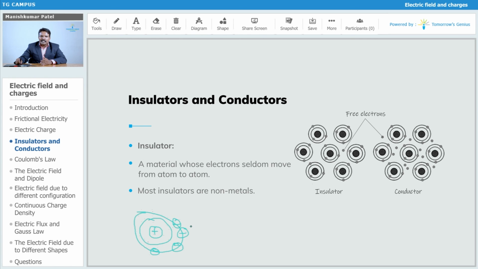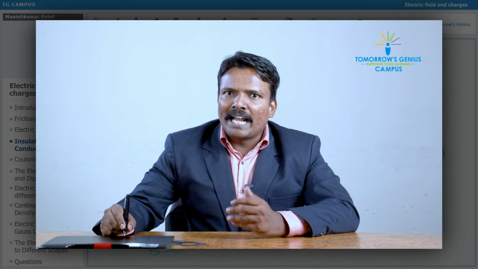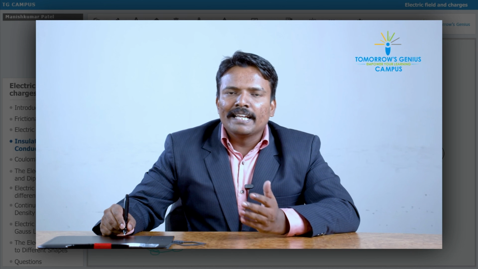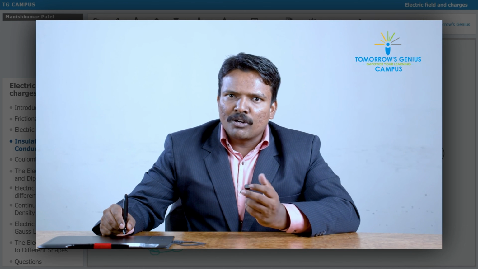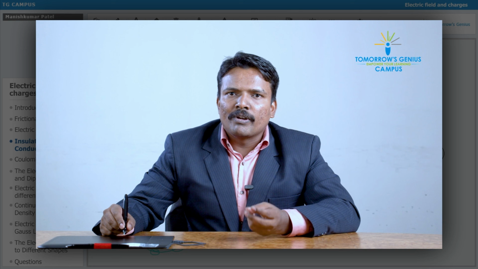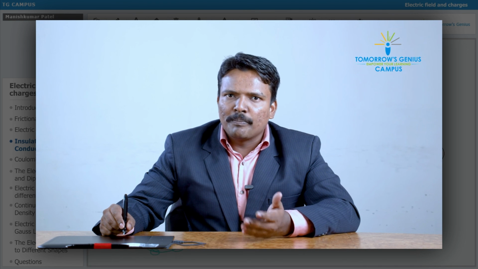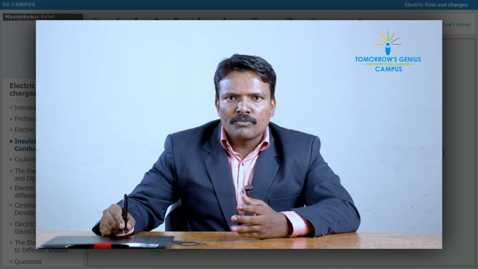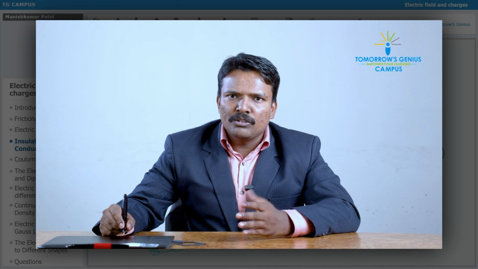Most non-metals are insulators, for example glass and wood. So that is the exact difference between a conductor and an insulator. In a conductor there are a large number of free electrons, for example gold, aluminium, copper, and in an insulator there are no free electrons, for example glass and wood.